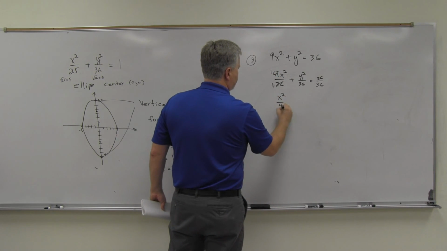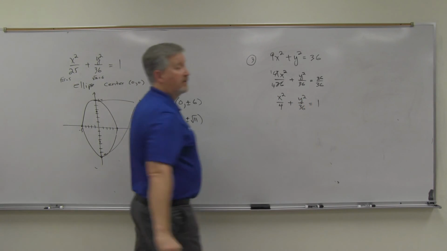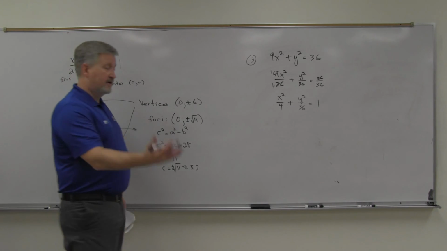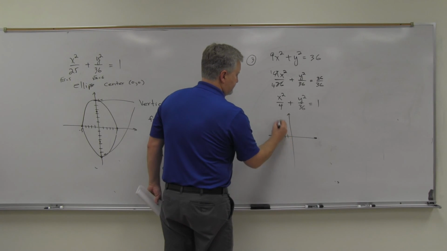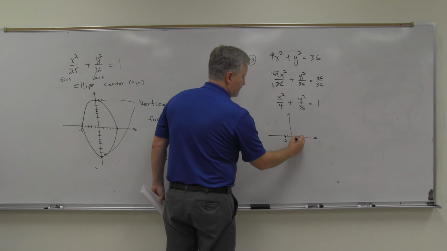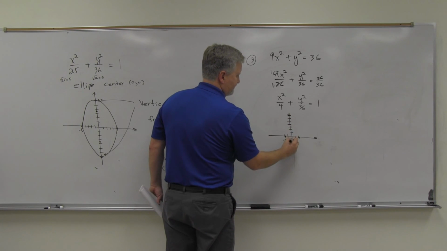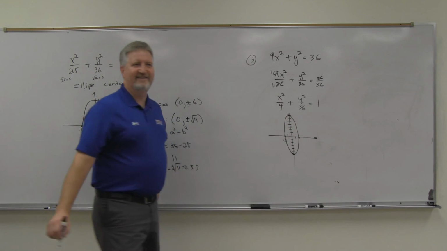So the x squared over 4. Nothing cancels here, so it's just y squared over 36. But then that side's 1 like we want. Now we've got this whipped. In the x direction we go out plus or minus 2, square root of that. In the y direction we go out 6, and then we can do all of our other good stuff: vertices, foci, whatever you want. I can get you there. All right?